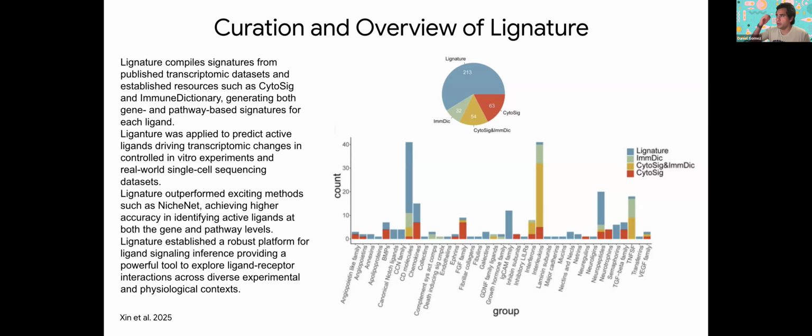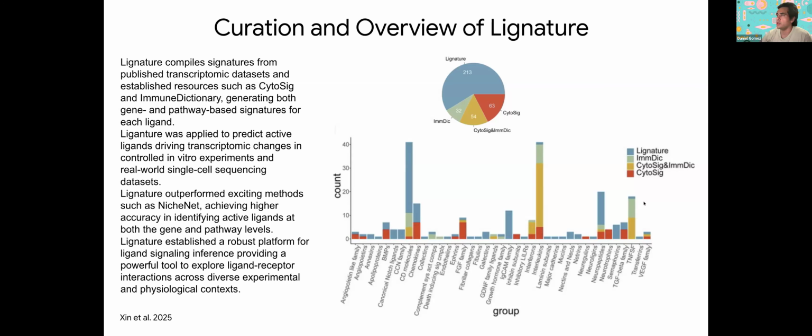When we look at all four databases, as well as the combination between the two for CytoSig and Immune Dictionary, we can see most of the ligands are in the CD molecules, cluster of differentiation molecules, and chemokines, as well as the growth hormone or IgCAM family. They're pretty close together here. Looks like it's IgCAM or growth hormone. There's a growth hormone family, and it's in blue.